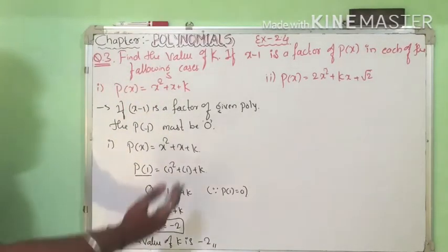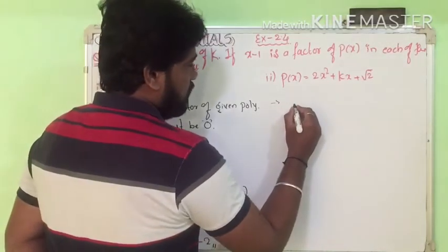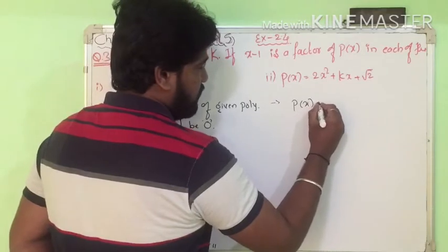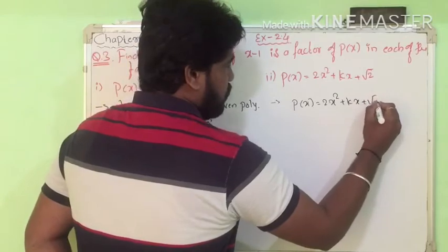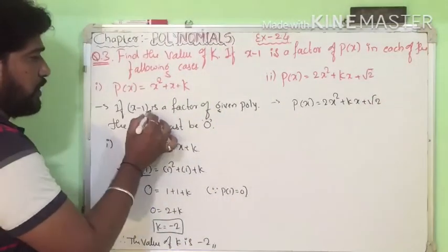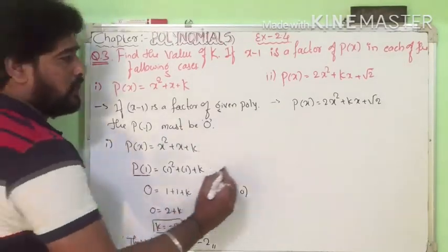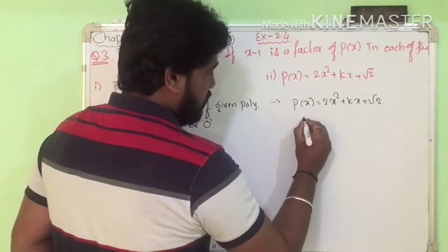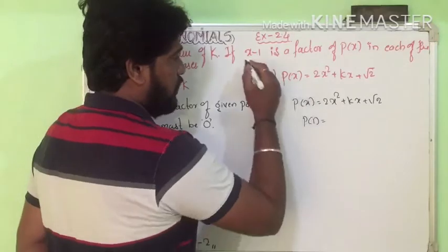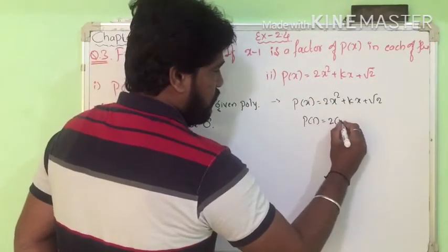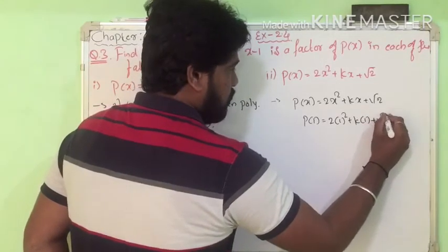Is it clear? So similarly, the next problem is the second one. Write down the given polynomial p of x is equal to 2x square plus kx plus root 2. It is the same. If x minus 1 is a factor of the given polynomial, then p of 1 must be 0, right? So therefore p of 1 is equal to, x is replaced by 1: 2 times 1 square plus k times 1 plus root 2.